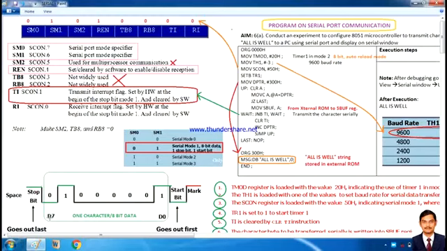That means we have sent one character completely. When it finds the stop bit as the last bit, immediately the hardware makes the TI flag 1. This indicates we have transferred one character from one DTE to the other successfully. Immediately we have to clear TI.